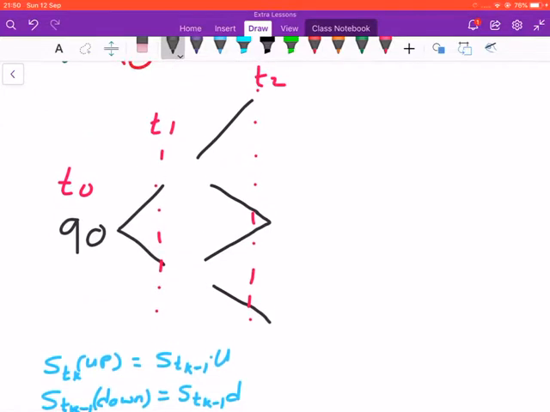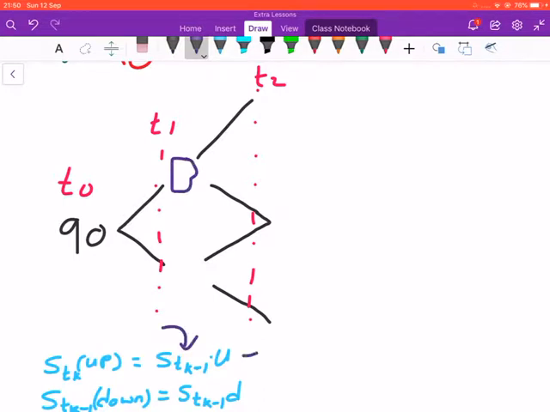Okay, so to find the value of the share at an up state, remember we are looking at a binomial model, so we have up and down. To find the value of the asset at an up state, let's say here, we will have to use this value of the asset.